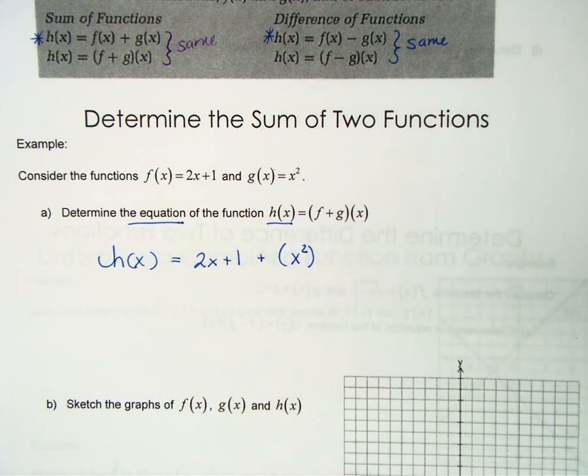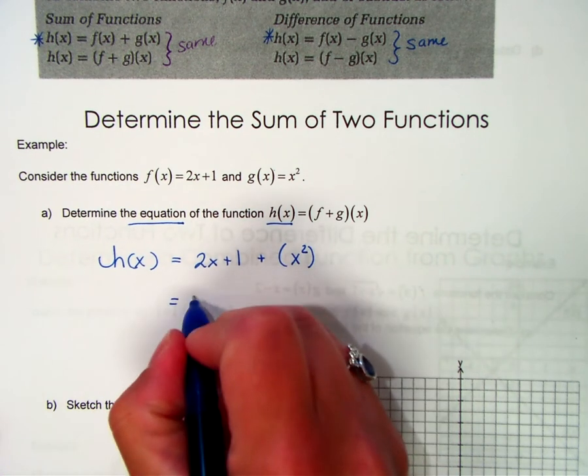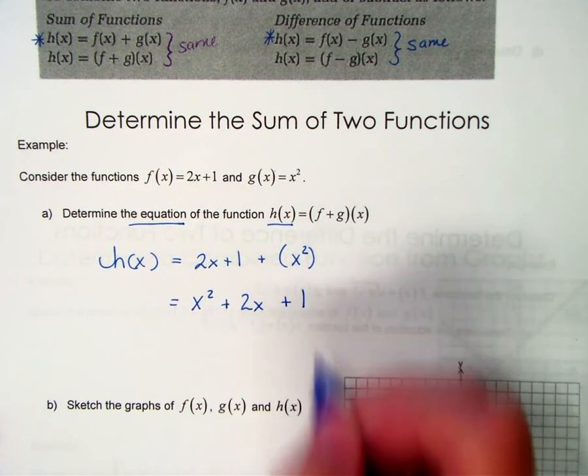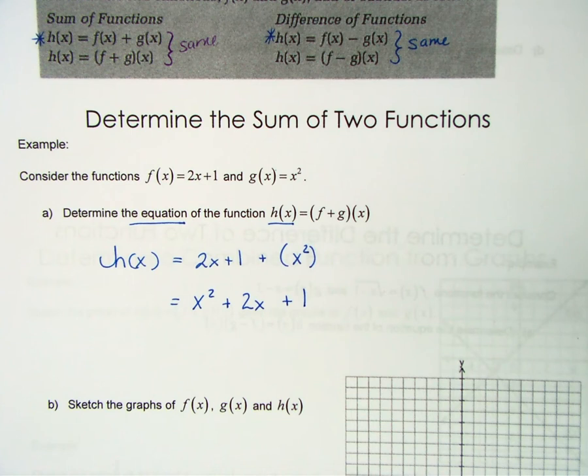The reason why I put brackets around it is this comes into play with the subtraction. Obviously, we don't need brackets in this situation. So this would be x squared plus 2x plus 1. So you've just created the h of x function. Isn't that exciting?